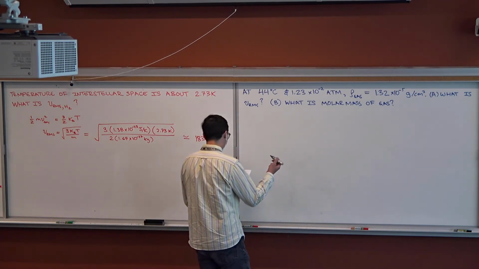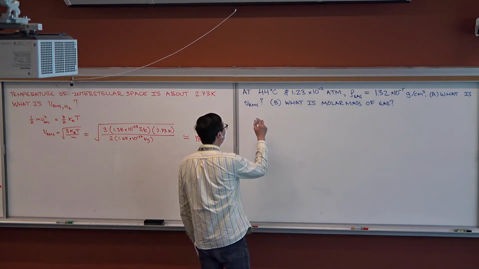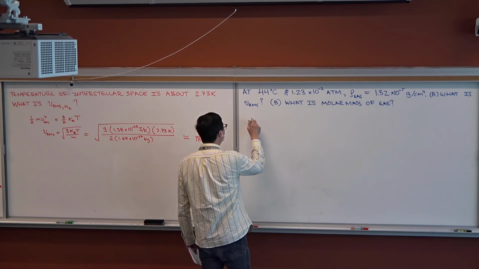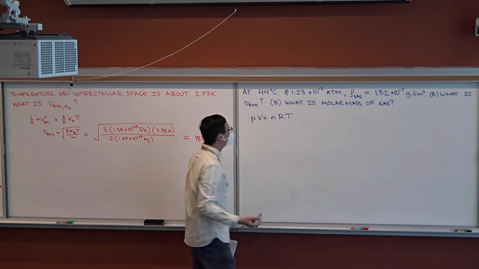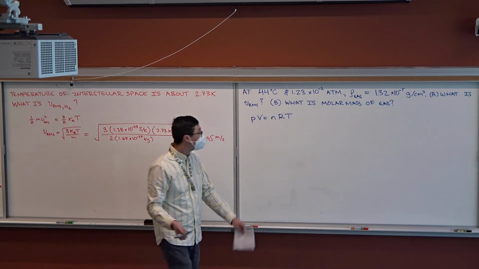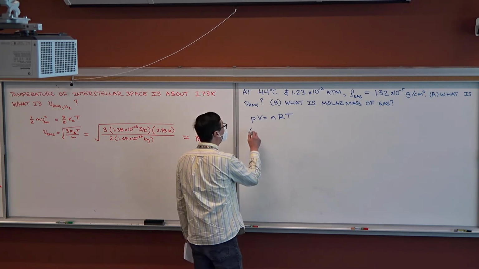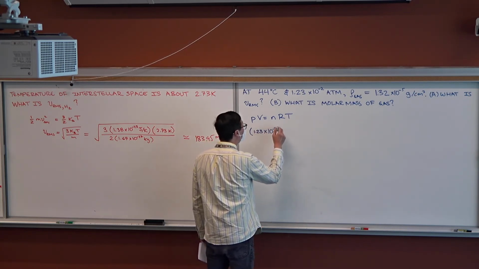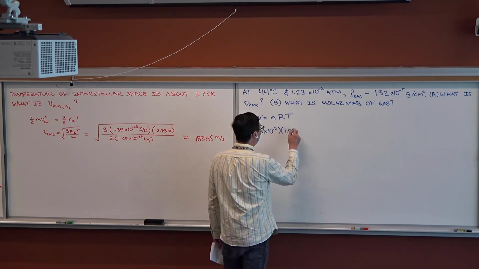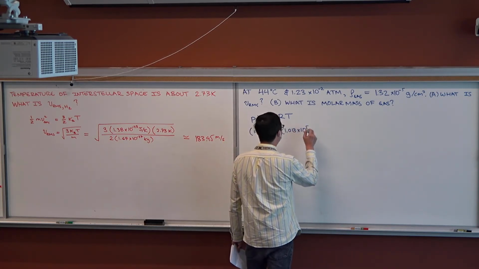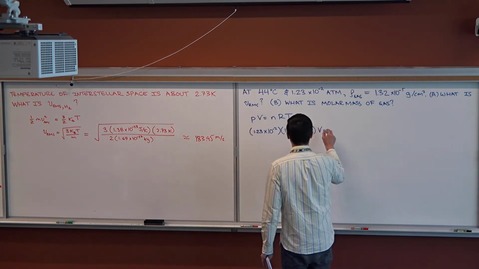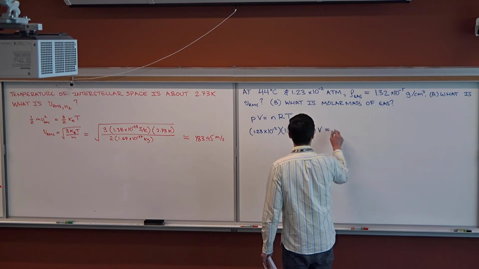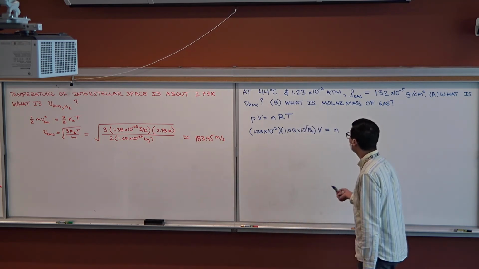So let's put these in units that I'm more comfortable with. They do this in NRT. So 1.23 times 10 to the minus 2 times 1.013 times 10 to the 5 Pascal. There's our pressure. V I'm not so sure of. N I'm not so sure of.